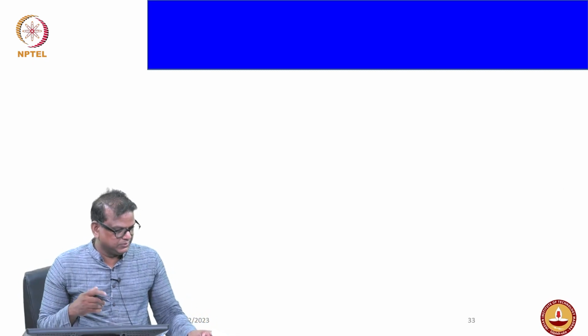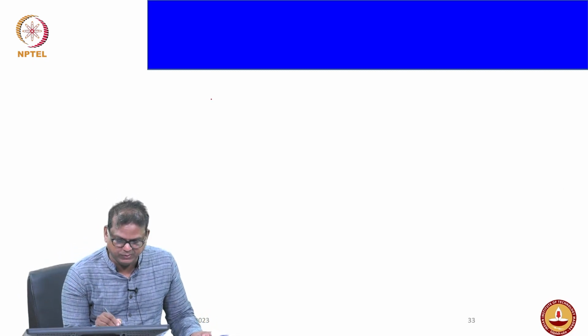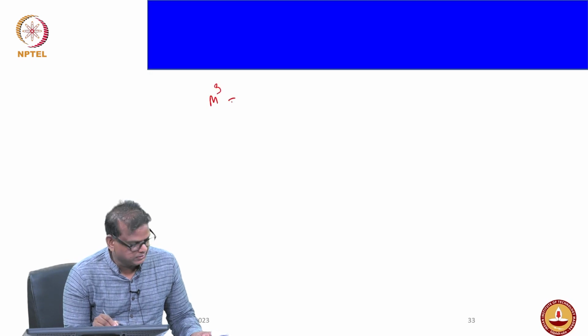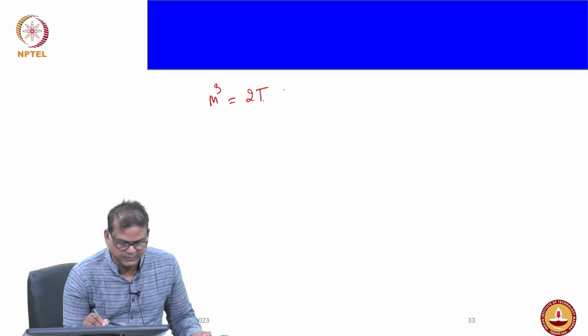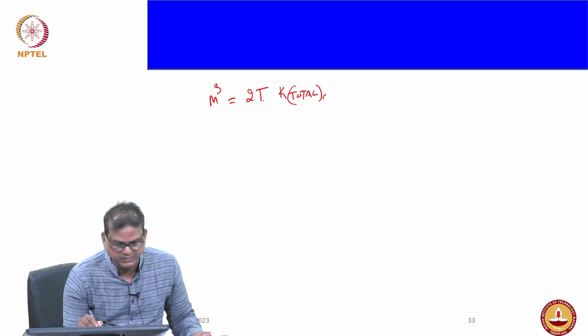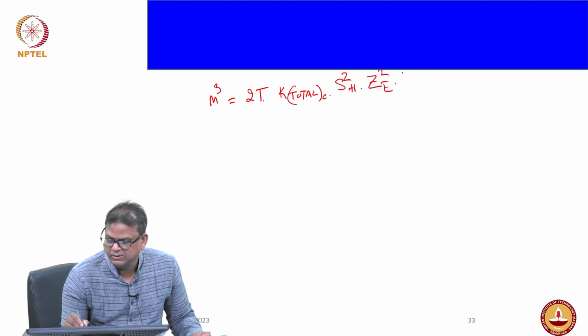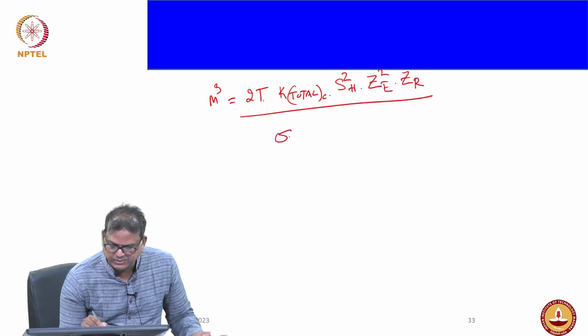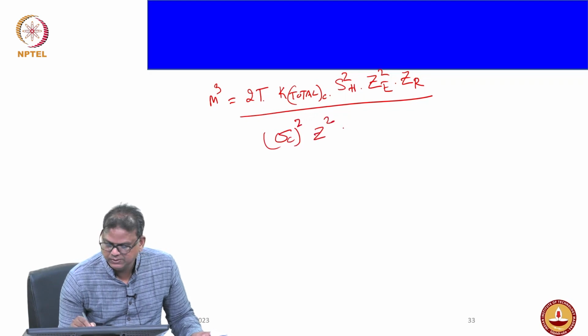So the equation: m cube equals 2 T K total of C, ZR divided by sigma C square whole square J square psi then Z1. Z1 is missing.